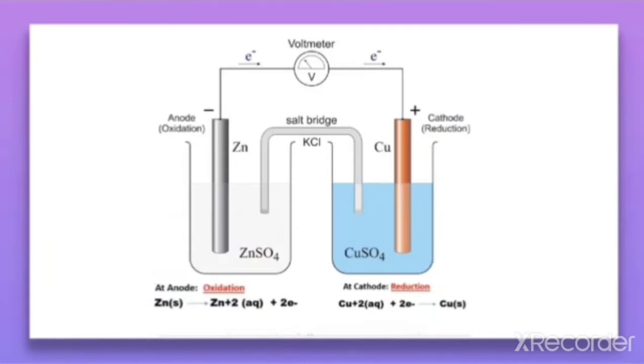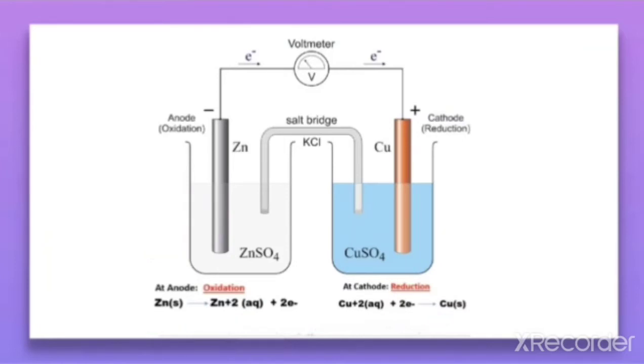As the process moves on, the zinc rod simultaneously loses weight, and the copper rod gains weight because of the deposition of copper, and because the zinc is converted into zinc ion, therefore it loses weight.